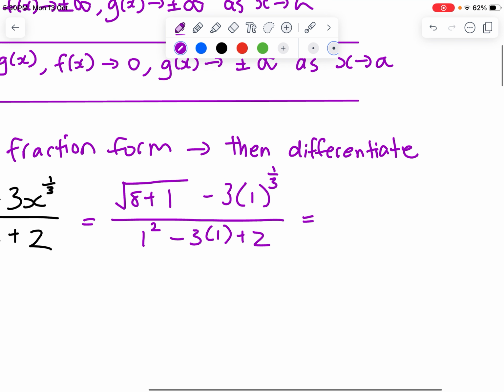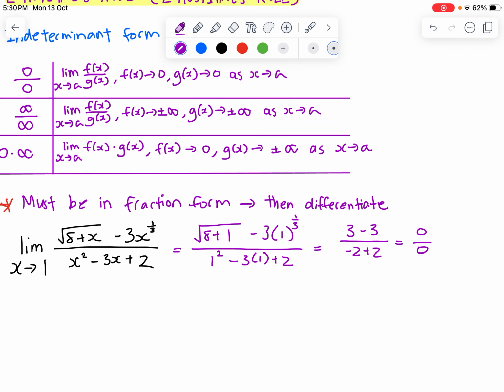And we get the square root of 9, which is 3, minus 3, over 1 squared minus 3, that's negative 2, plus 2 is 0. So we have the expression 0 over 0.